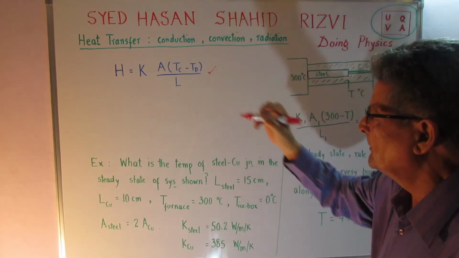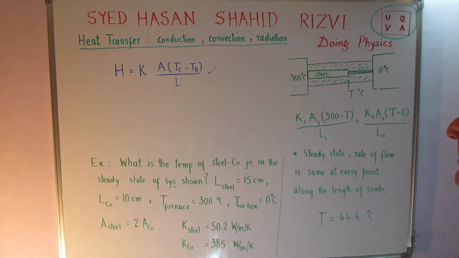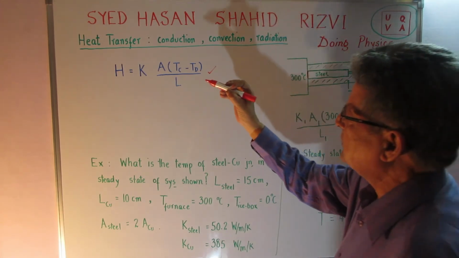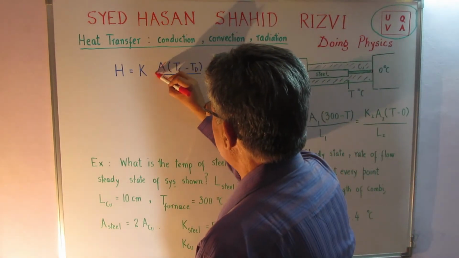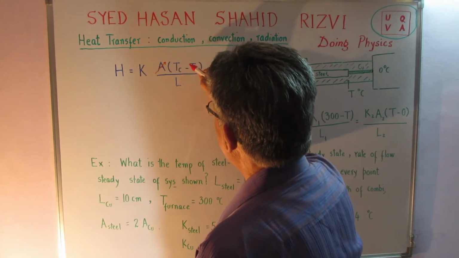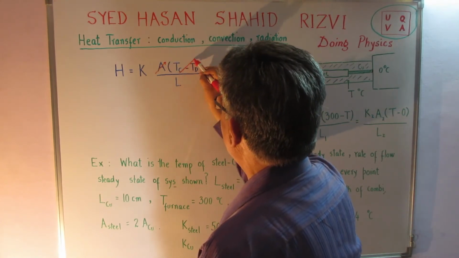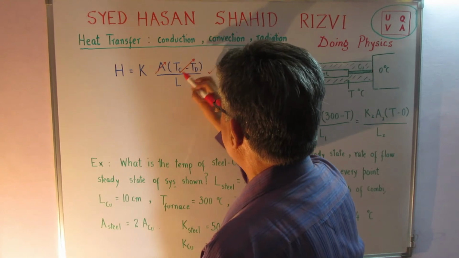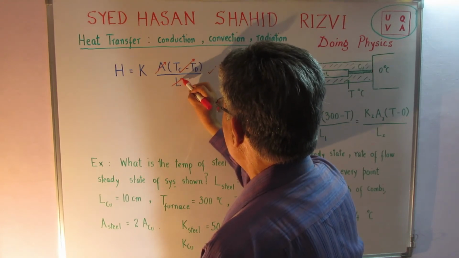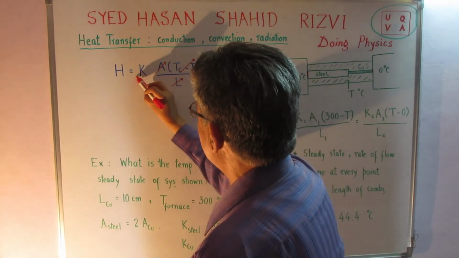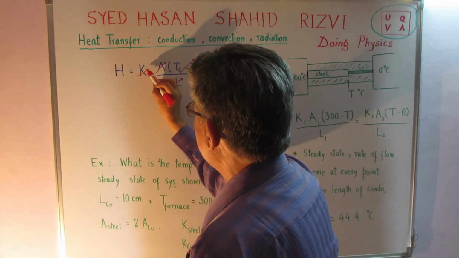So it doesn't matter. These are the variables. You can see the material is variable, the temperature difference is a variable, the length is a variable, and in this case the value of K is also variable.